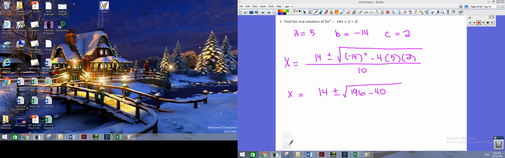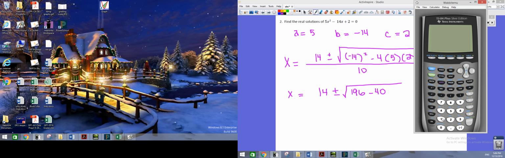So let's check. 14 squared is 196, and minus 40 gives 156. That's divisible by 4, I'll bet. Yeah, 4 times 39. 39 is divisible by 3. Okay, so we've got that over 10.